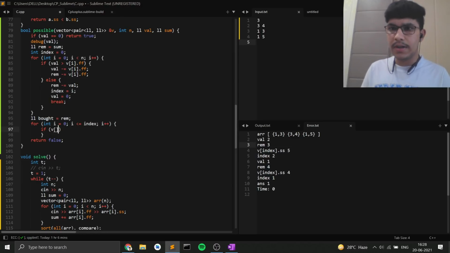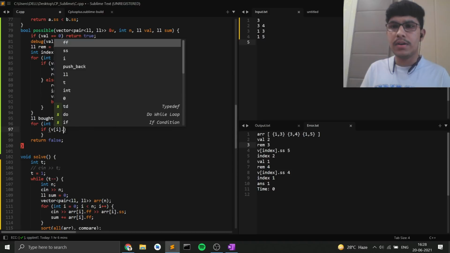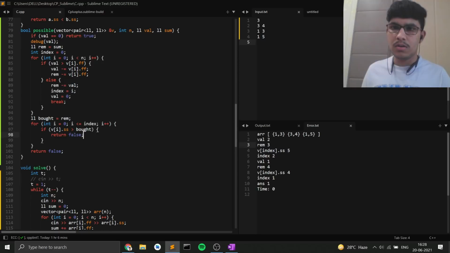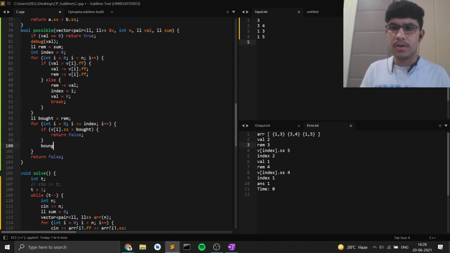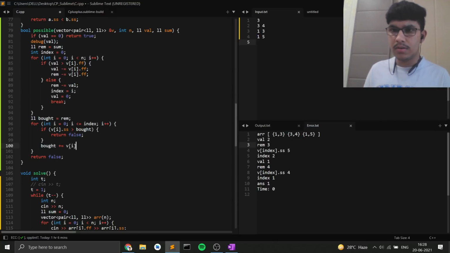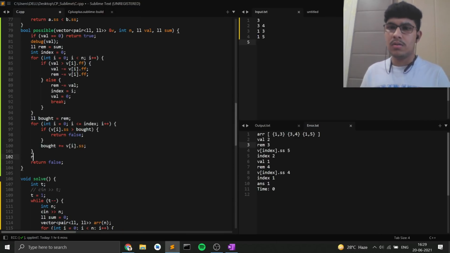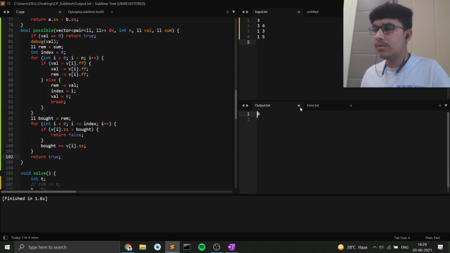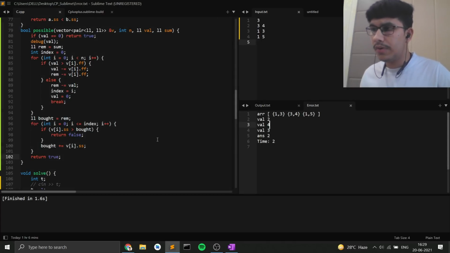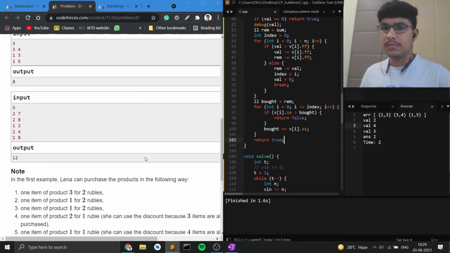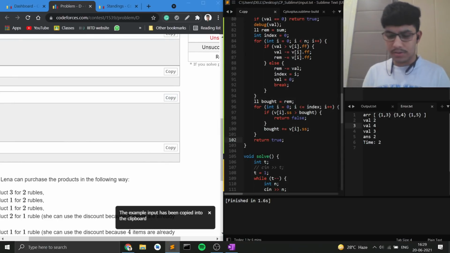So if v at I dot ss is greater than bot, right? Else you do dot plus equals to v at I dot ss. Okay, so it was val2. Val2 is working fine. 4 did not work. 3 also did not work. So let's test it with this input.